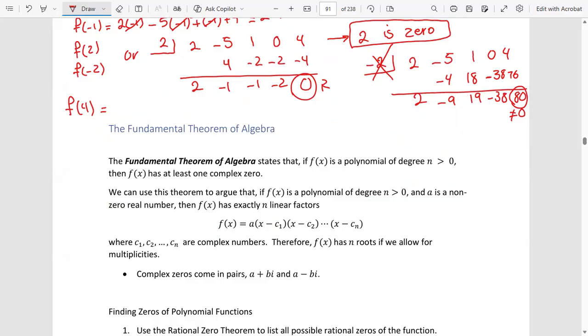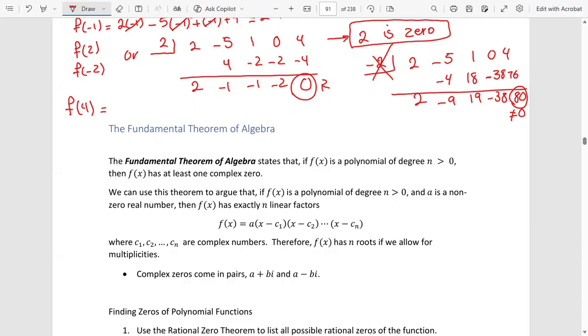I can use the rational zero theorem to find all of the possible rational zeros, then plug in each of them to see, based on the remainder theorem, which one gives me a remainder of 0, or use synthetic division to see if I get a remainder of 0, and if any one of those values gives me a remainder of 0, I say, okay, this is a factor. And I can find all of the zeros and all of the factors based on those theorems.